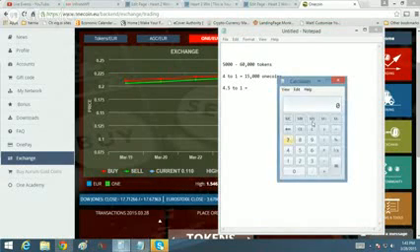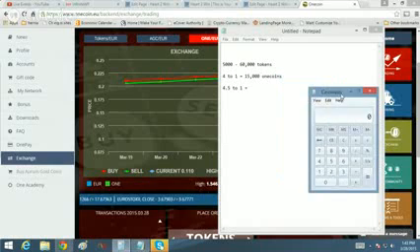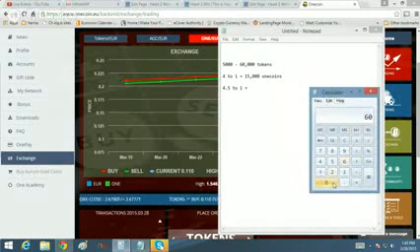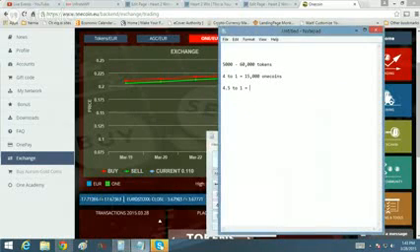Let's pull up the calculator. 60,000 divided by 4.5 equals, okay, so now it's 13,333. So if you were to mine today, you'd be mining at 13,333 coins.